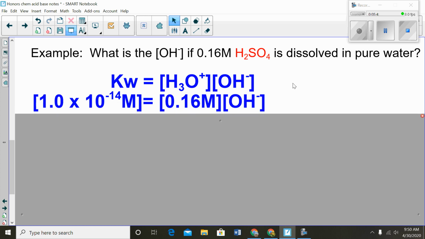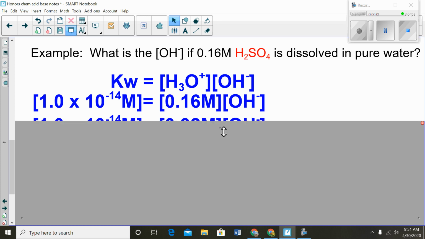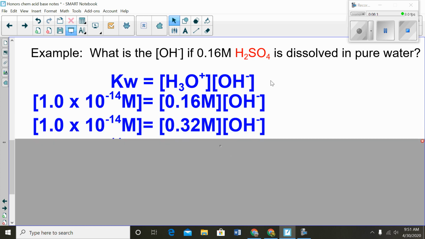But I am now pointing out that you are using H2SO4. Earlier in our lectures, I pointed out to you that that's called a diprotic acid. So it can actually donate 2 protons. So that means that this 0.16 molarity needs to be doubled because this is a diprotic acid.